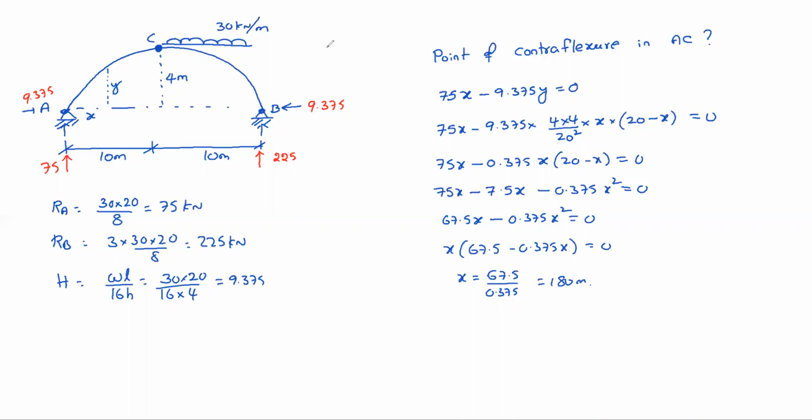That means there is no point of contraflexion in between. The bending moment diagram may be like this. So plus 0.375 x square, minus something you'll get.